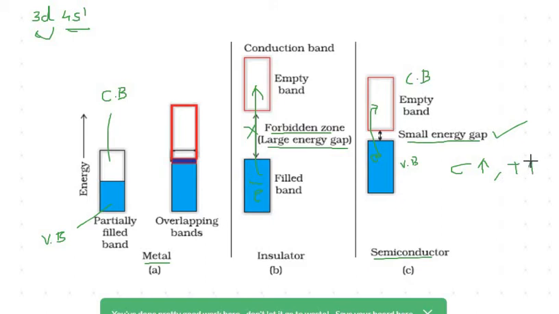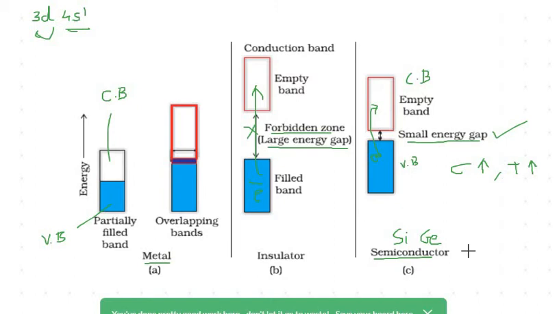Okay, why so? Because by increasing the temperature, what you are providing is thermal energy, and with the rise in temperature, the electrons can gain the energy and can easily jump from the valence band to the conduction band. For example, you have learned this in 11th standard, silicon, germanium.